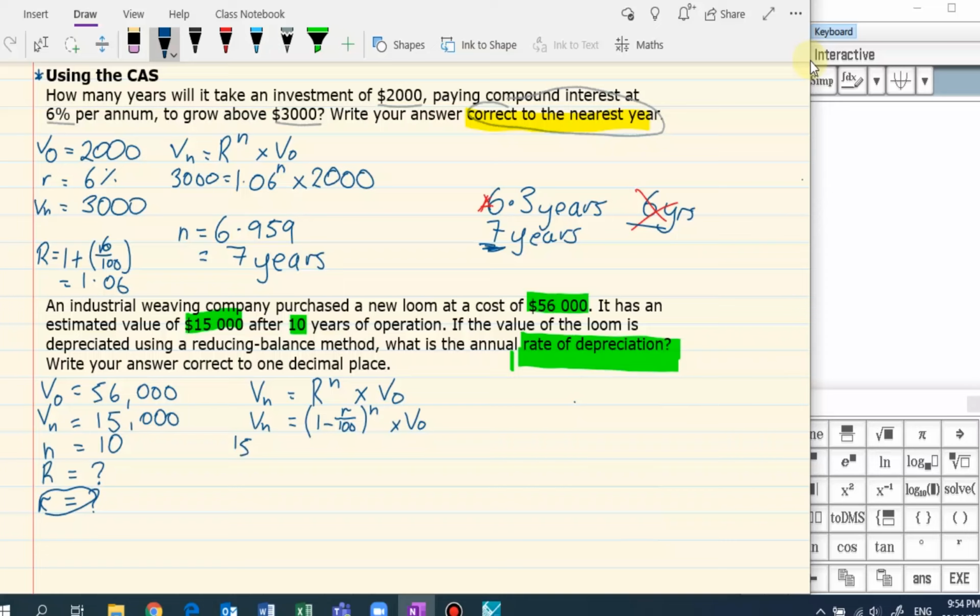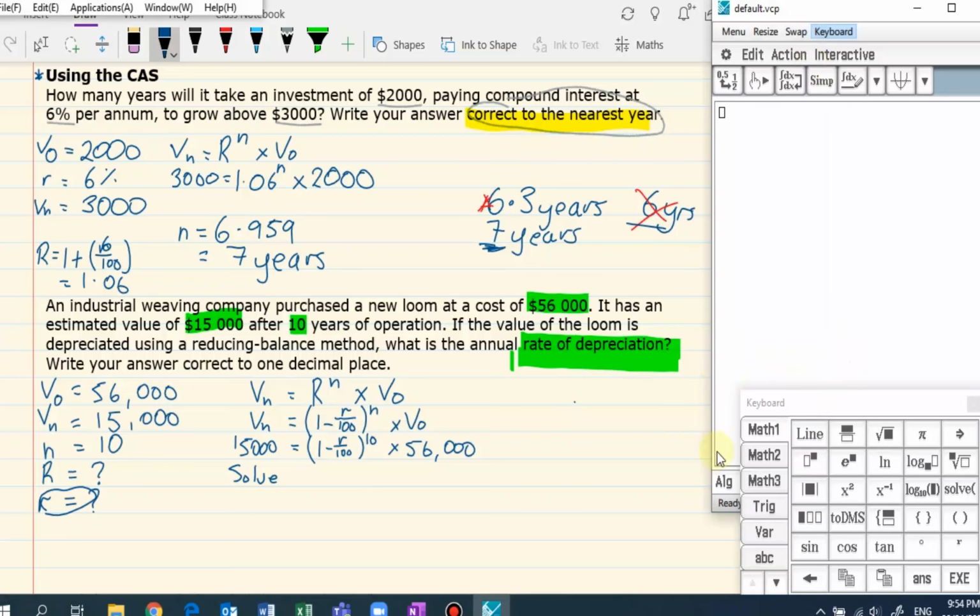We know that it's worth $15,000, equals 1 take r over 100 to the power of 10, multiplied by 56,000.